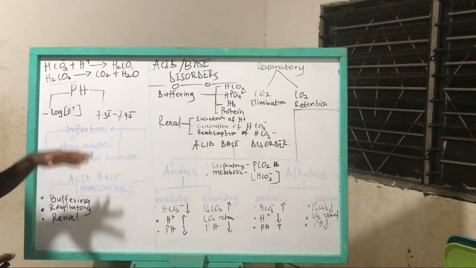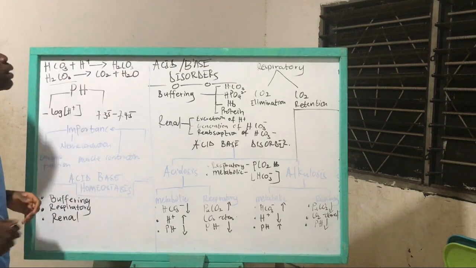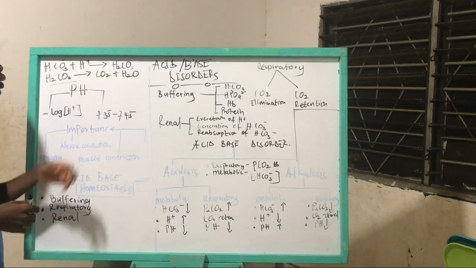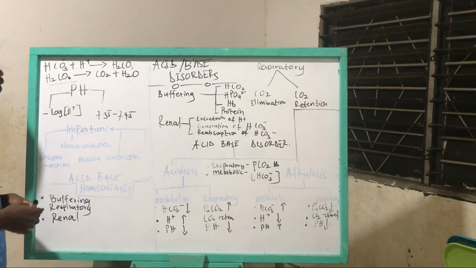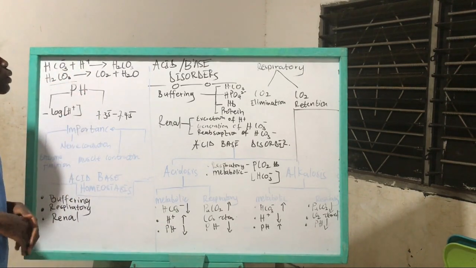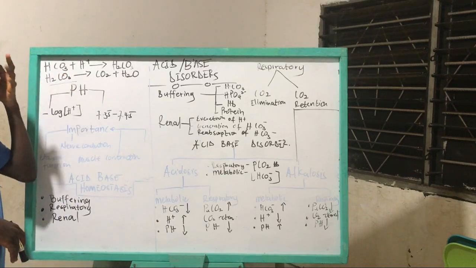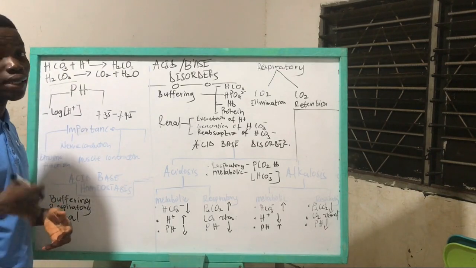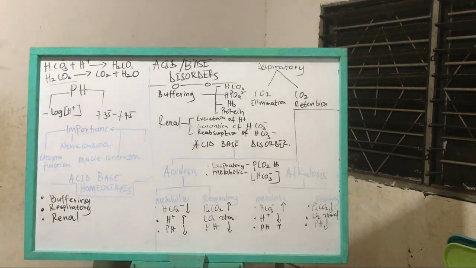So this is a way to mop up all the hydrogen ions. We realize at the end of the reaction, there is no hydrogen ion produced. Therefore, it limits the hydrogen ion concentration. So this one is serving as a buffer.